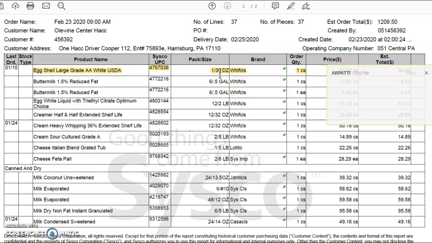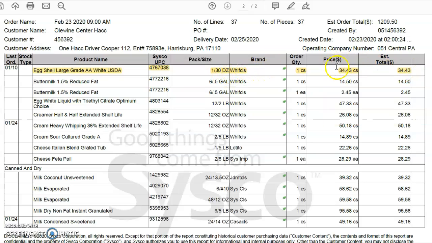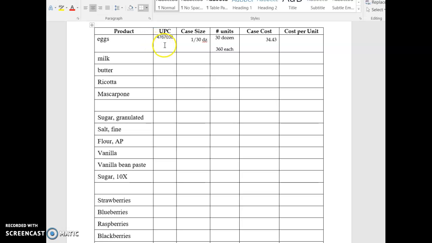Here I can see it's in a 30 dozen case, and I have the brand name. $34.43 is my price. I have gone ahead and transferred the information onto my price sheet. Notice for the number of units, I noted that it is 30 dozen. Again, this is one box of 30 dozen eggs, so 30 dozen eggs, but also I noted 360 each.